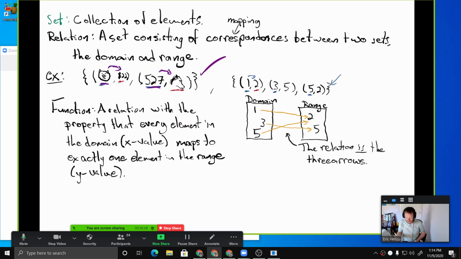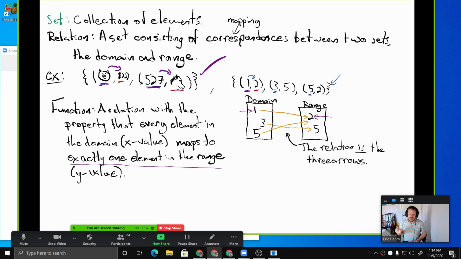And let's look at the next one. Here we see 1, an element in the domain. And what does it map to? 2, an element in the range. Does 1 map to exactly one element in the range? Does that 1 map to anything other than 2?